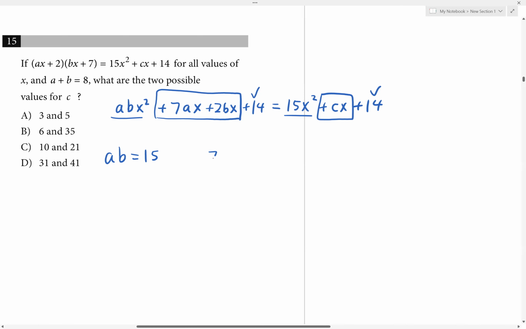So we can say 7ax plus 2bx, so if we add up the two numbers in front, the coefficients, then we can say 7a plus 2b should equal the coefficient in front of x on the other side, which is c. Okay, right. So we know a times b has to be 15 and 7a plus 2b equals c. So we're trying to solve for some possible values of c. So we know c is 7a plus 2b. So if we know what a and b represent, we can plug in and solve for c.